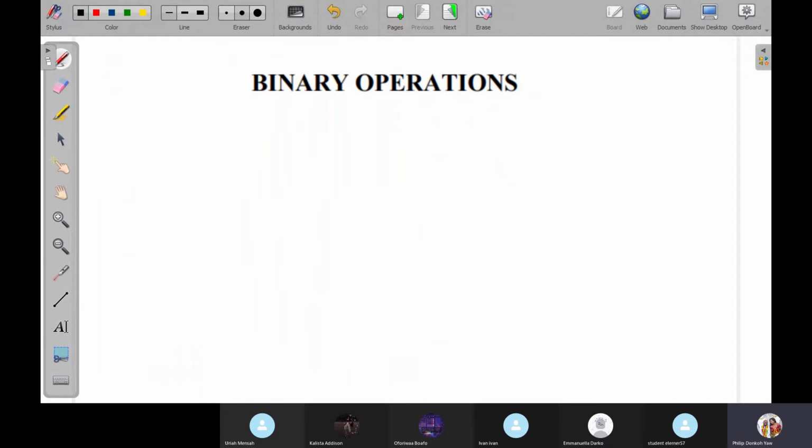So when we consider what we call binary operations, it means combining two items at the same time using the operational signs. It is only two items at a time. That is all we have to know concerning binary operation.